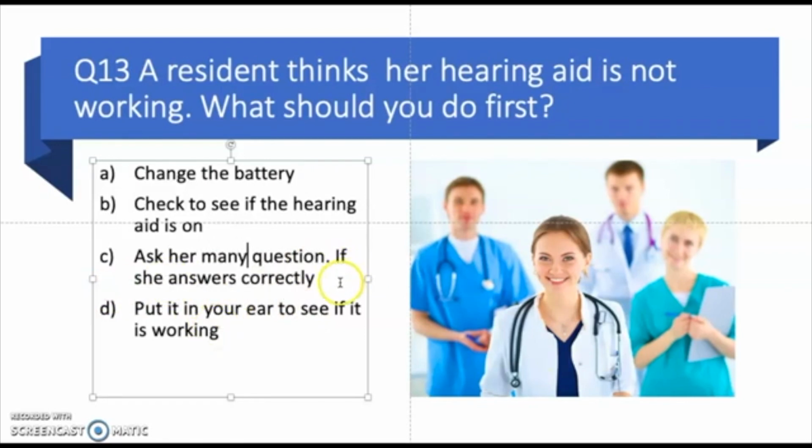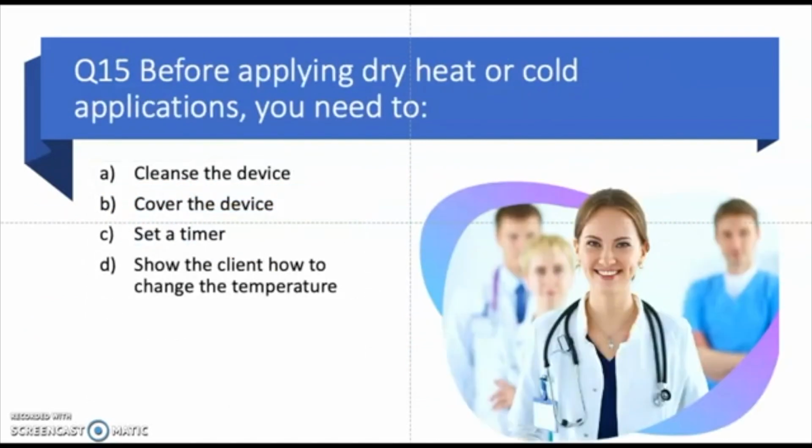If she answers correctly, put it in your ear to see if it is working. So what is the correct answer here? A resident tells you the hearing aid is not working. The correct answer is B. I would check to see if the hearing aid is on and if it's placed correctly into the ears. That will be my first intervention as a nursing assistant.